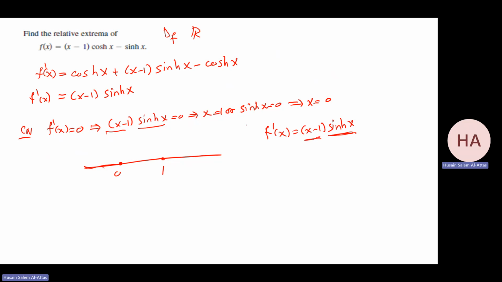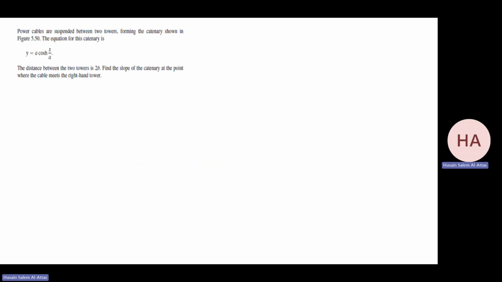That will be negative times negative, which is positive. Between 0 and 1, sine hyperbolic will be positive, half minus 1 will be minus, so negative. After 1, positive times positive is positive. So it's increasing, decreasing, increasing. So I have relative max here, and I have relative min here. Okay.